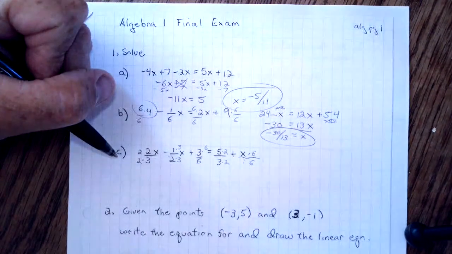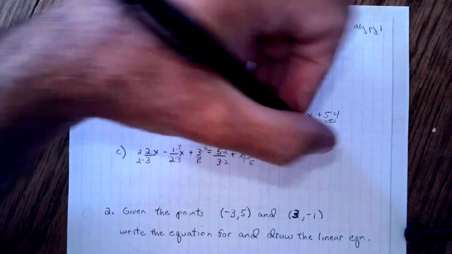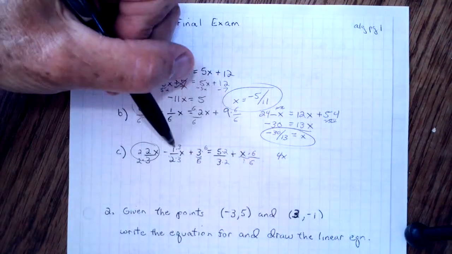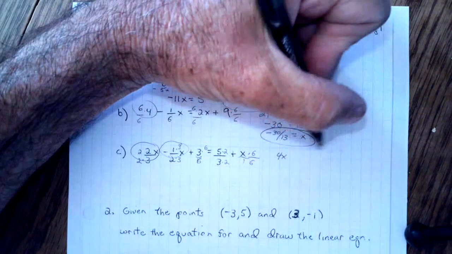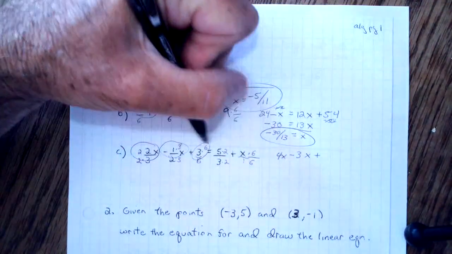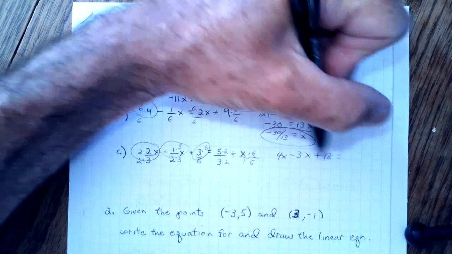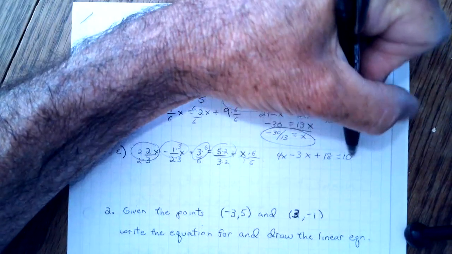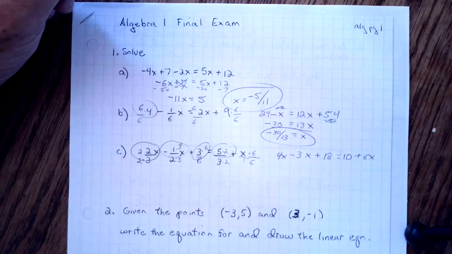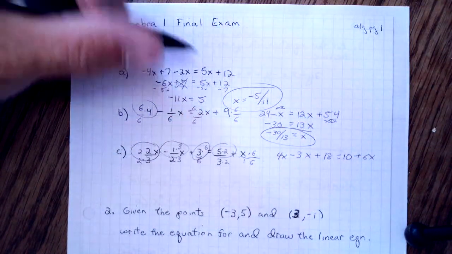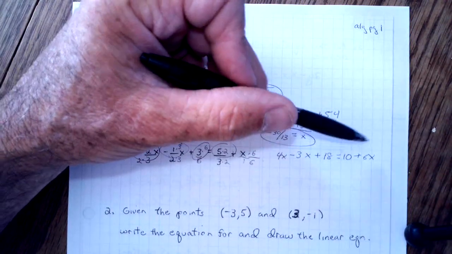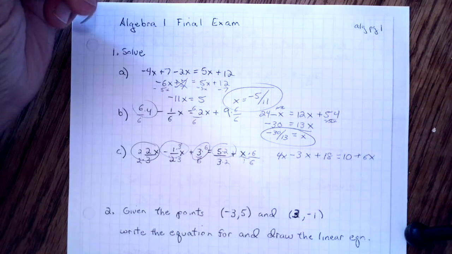That way they all have a 6 on them, and this problem becomes 2 times 2x is 4x, minus 1 times 3x is minus 3x, plus 3 times 6 is 18, equals 5 times 2, which is 10, plus 6 times x. So that's the first step. And so I end up with 4x minus 3x plus 18 equals 10 plus 6x.